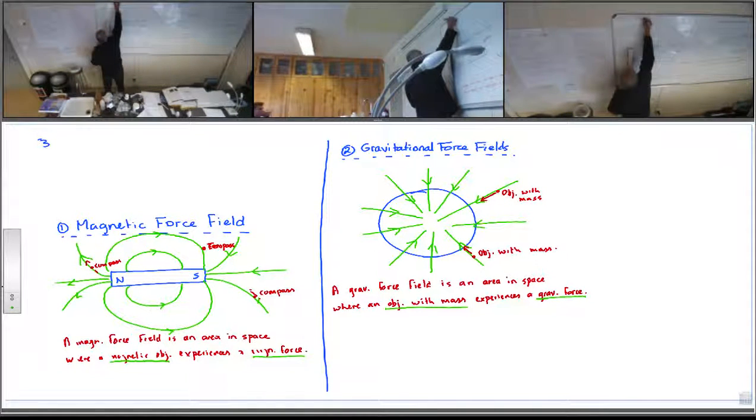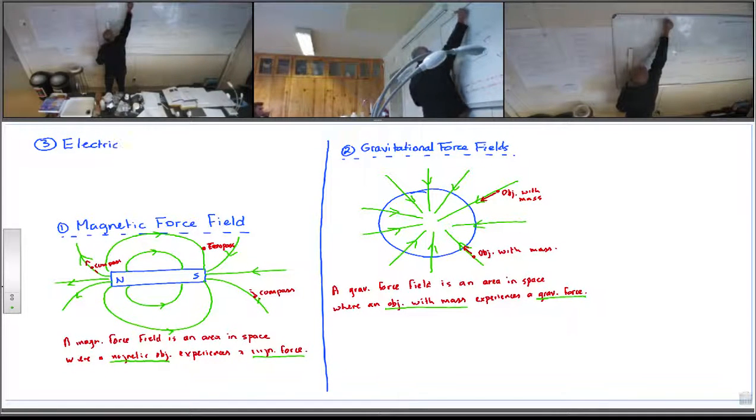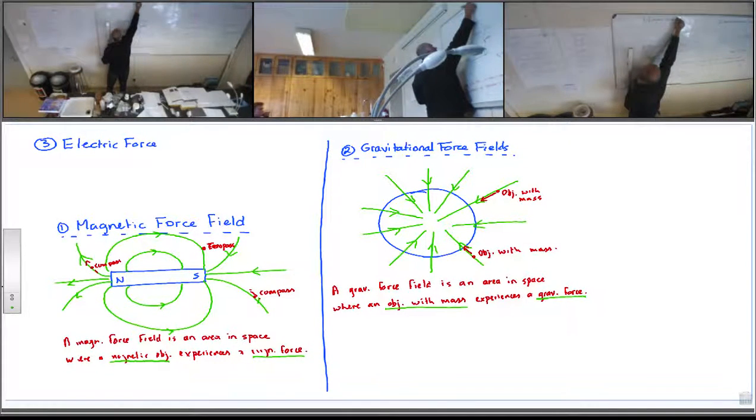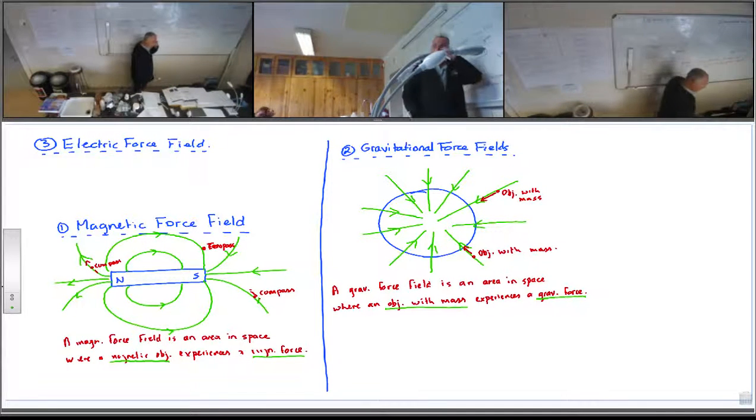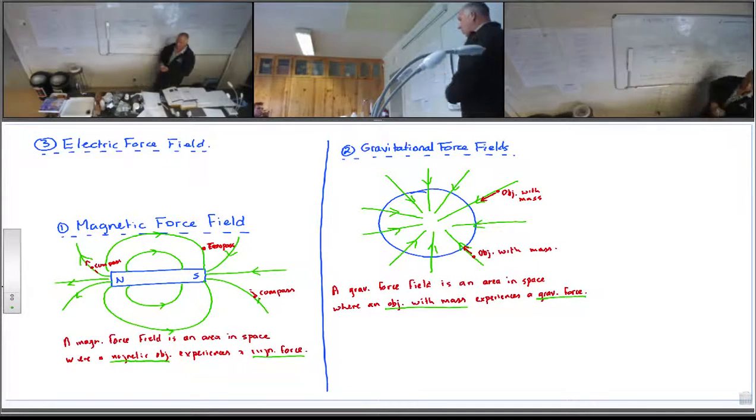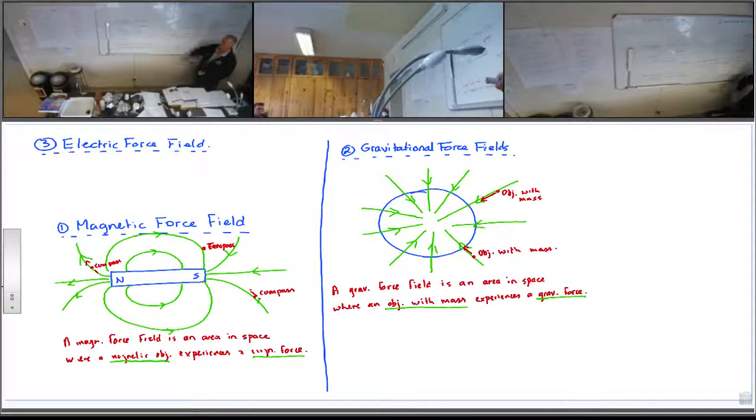So number 3 would be an electric force field. Now, what did you find a magnetic force field around? A magnet. What did you find a gravitational force field around? Something that had mass. So do you have mass? Do you have your own gravitational force field? Yes, you do, and hence you can attract things towards you.